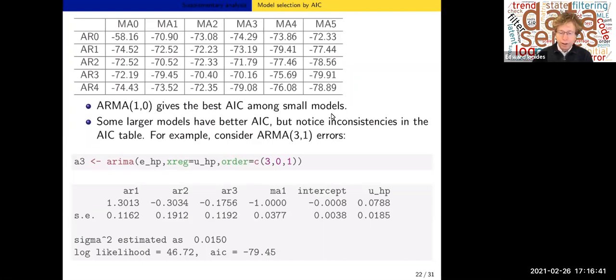Well, that's almost the lowest AIC. There's a minus 79.91 here, but that's a considerably bigger model. Let's look at the ARMA(3,1).